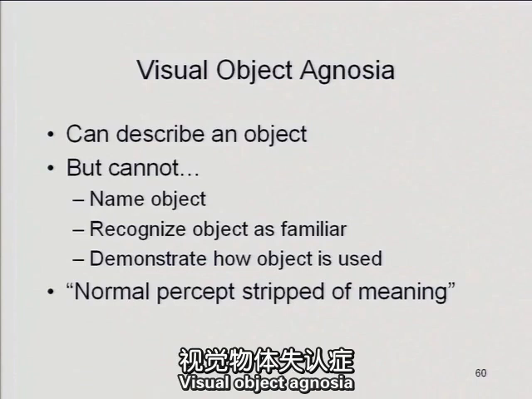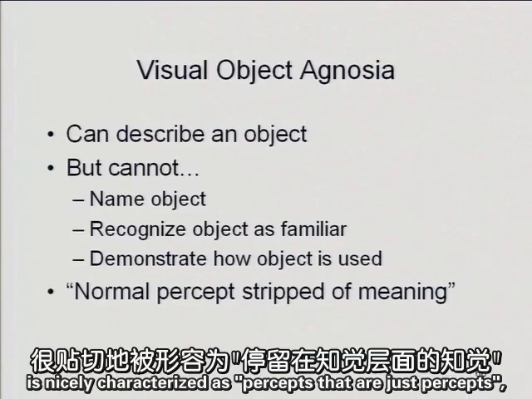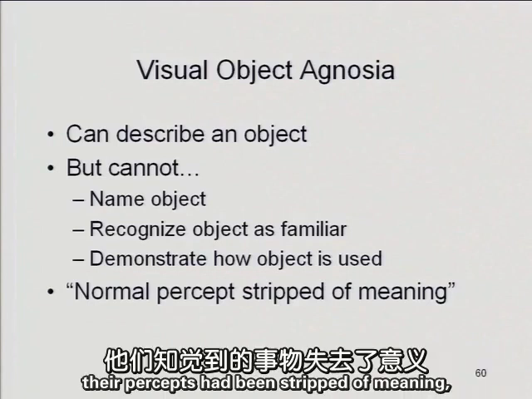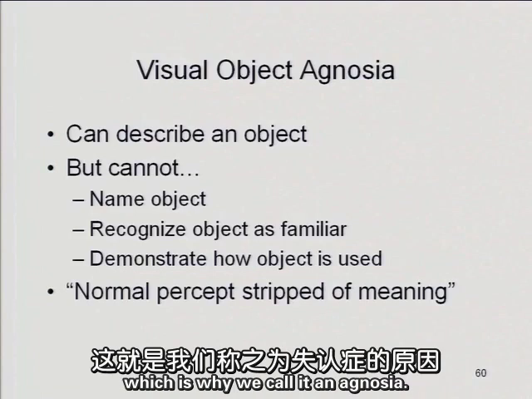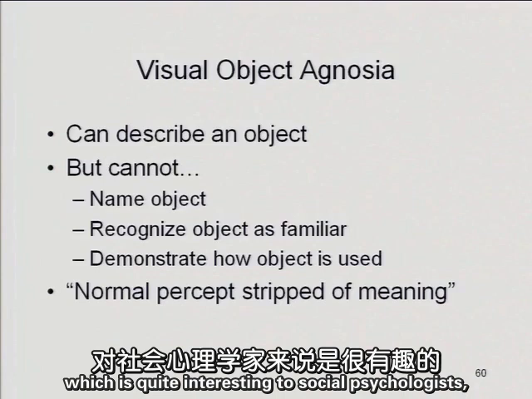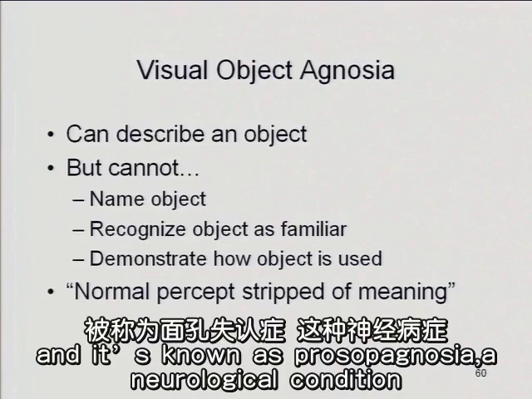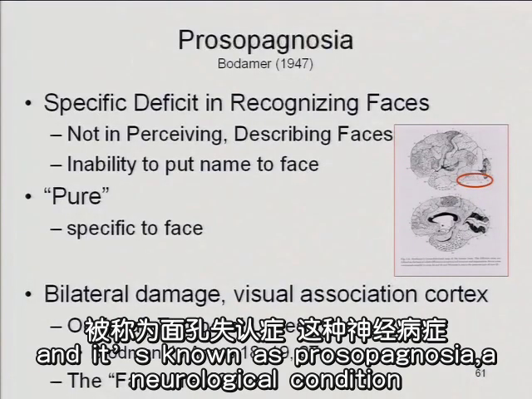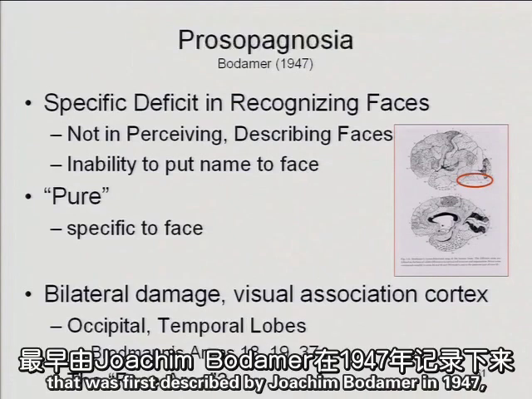Visual object agnosia is nicely characterized as percepts that are just percepts. They're percepts that have been stripped of meaning, which is why we call it an agnosia. It turns out that there's a particular form of visual object agnosia which is quite interesting to social psychologists, and it's known as prosopagnosia, a neurological condition that was first described by Joachim Bodamer in 1947.